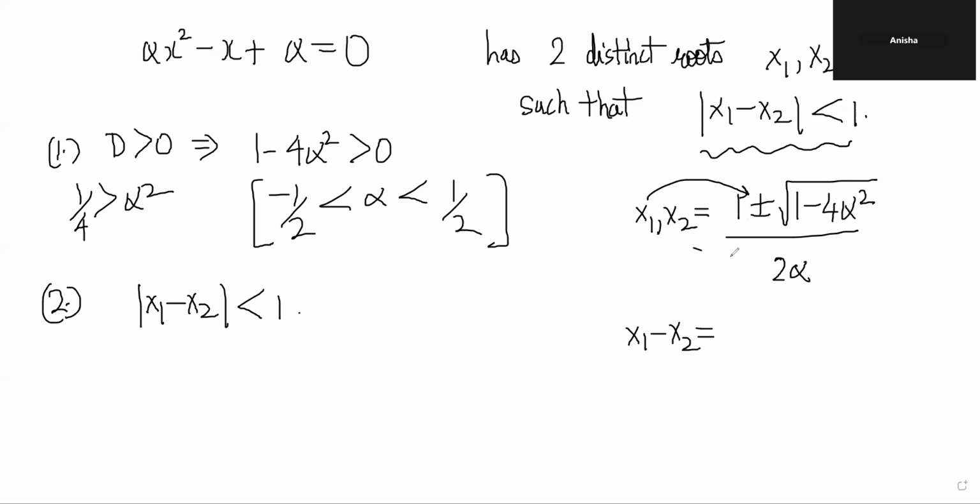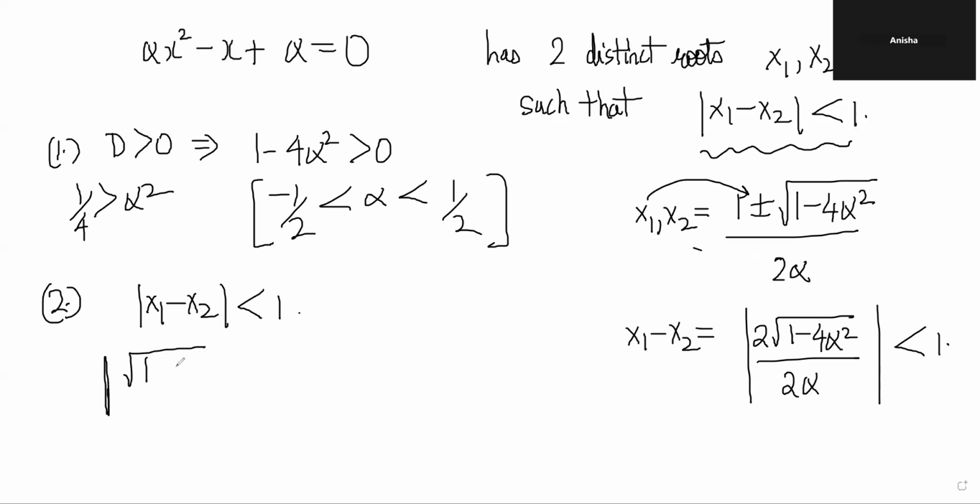So you will get 2 times root over 1 minus 4 alpha square by 2 alpha, and we have to put a mod on it, right? Yes. So you are getting the condition mod of root over 1 minus 4 alpha square by alpha is less than 1. Yes, sir. So we just have to simplify this and solve this properly, right?